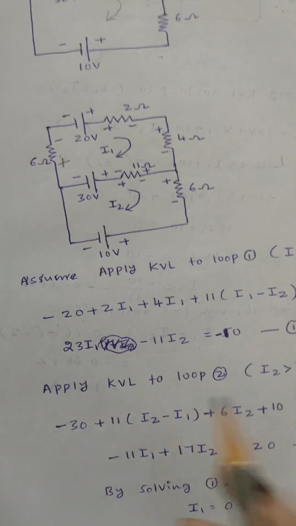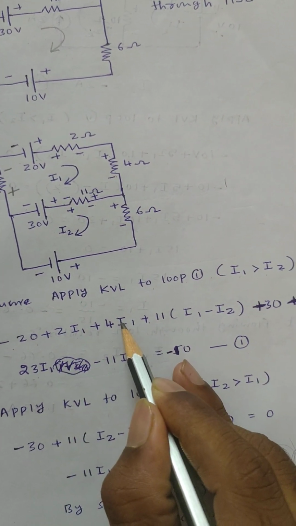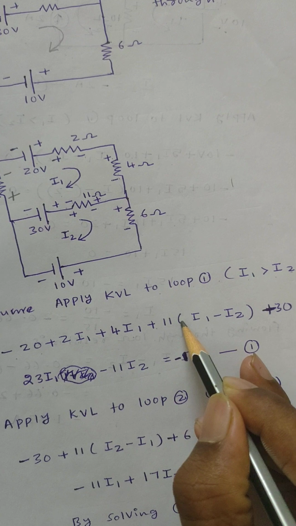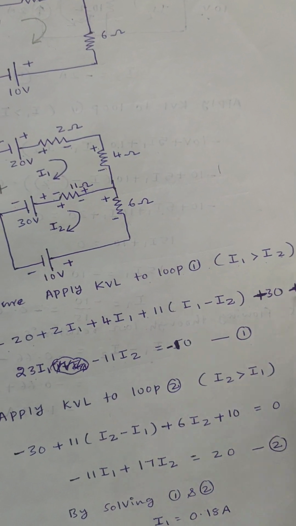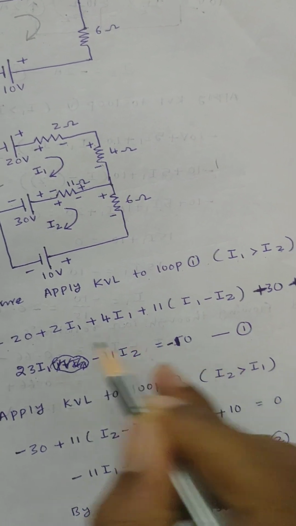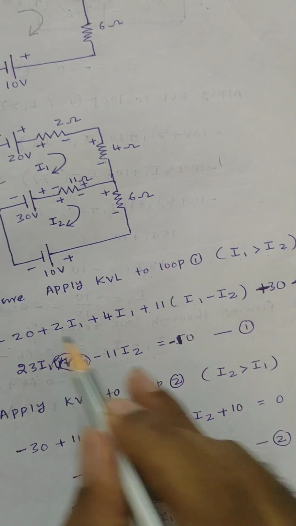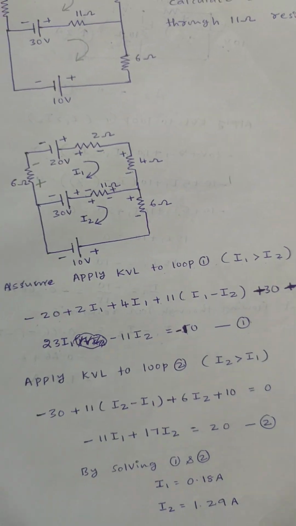If I simplify this equation, 2I1 plus 4I1, 6I1 plus 11I1, that is 17I1 plus 6, 23I1 minus 11I2 is equal to minus 10. That is equation number 1.